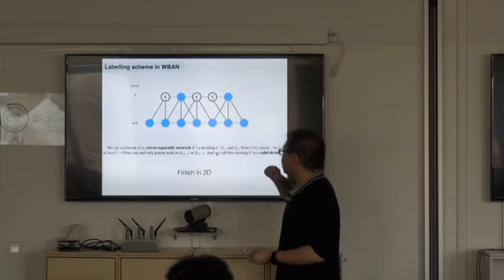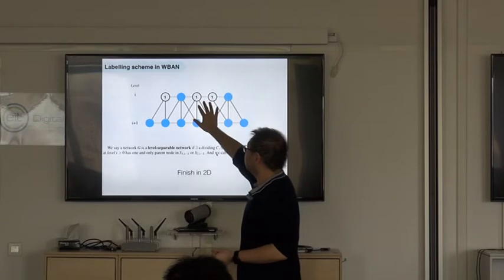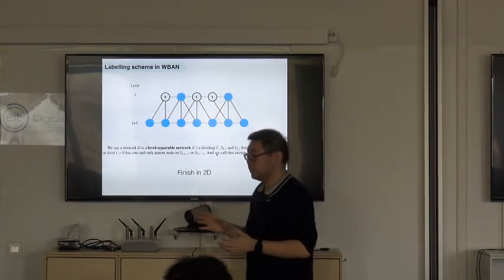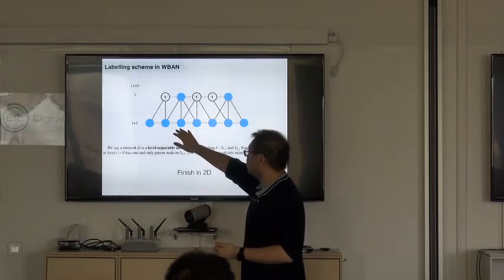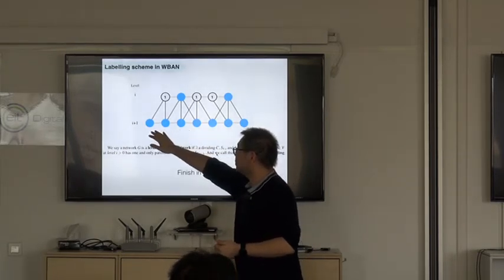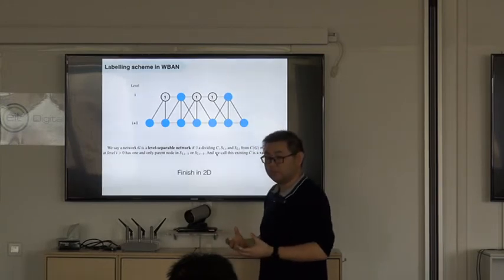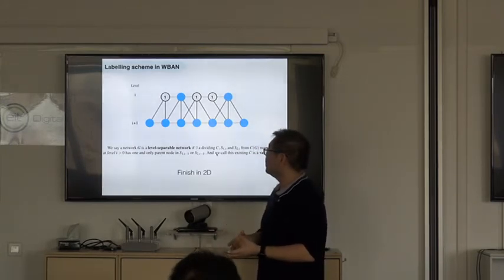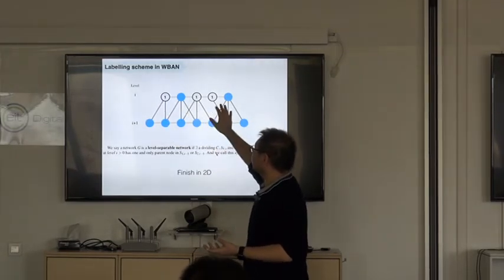The definition is that for each level of the network, we can separate the nodes into two sets, set A and set B. And all the nodes in the next level may have only one parent, either in the set of A, or in the set of B.